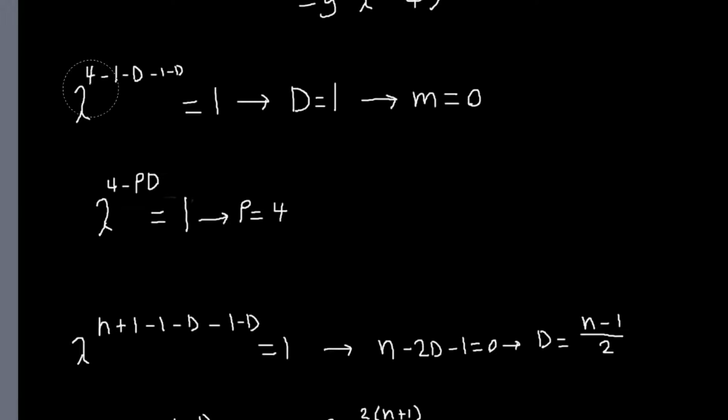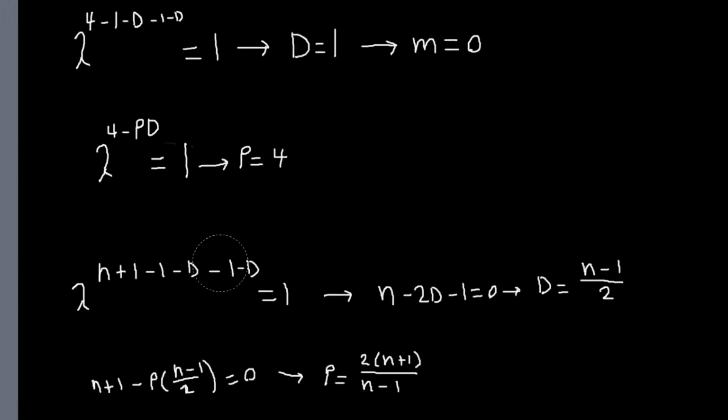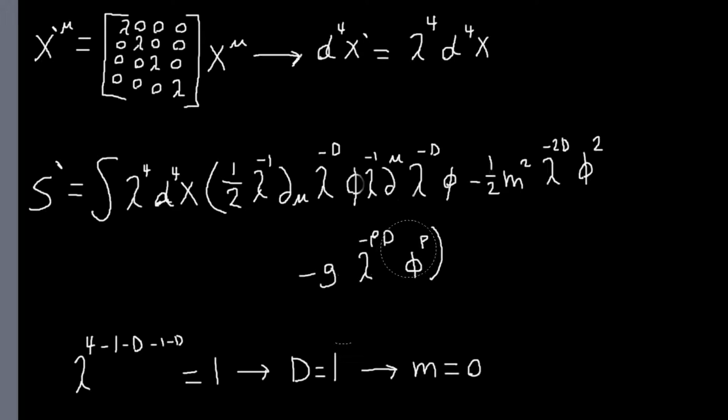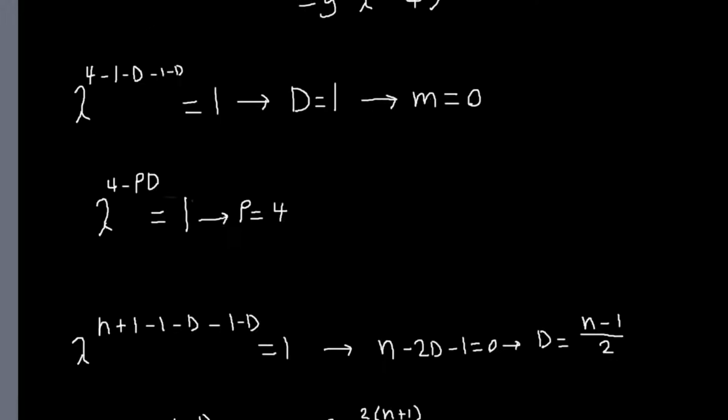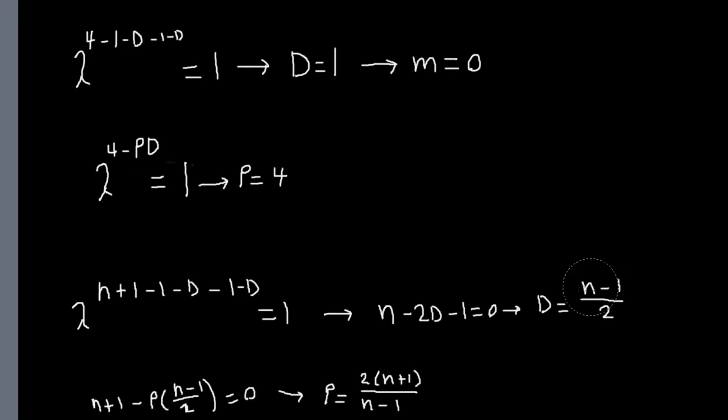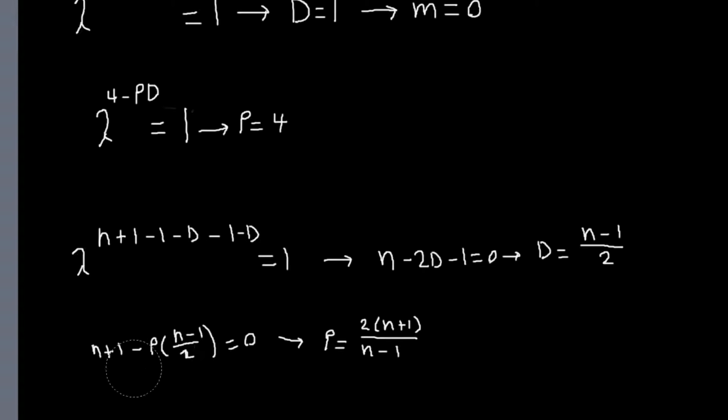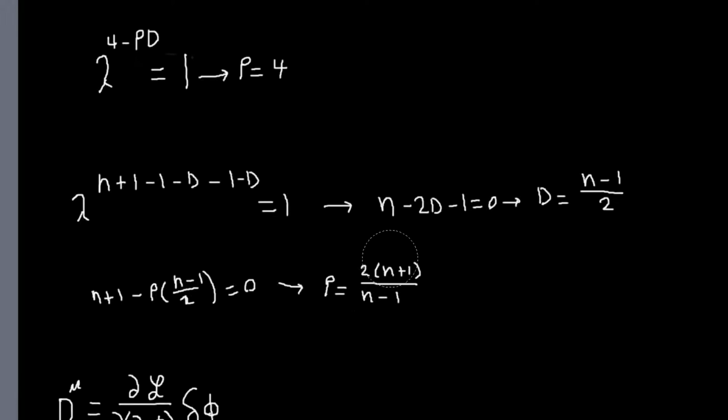We can just replace our 4 here with n+1 and solve for our parameters as a function of n. If we do that, our new condition becomes that d should be (n-1)/2. Then for this condition, we just plug our expression for d as a function of n in here and replace 4 by n plus 1. That will lead to the condition that p should be 2 times (n+1) over (n-1).